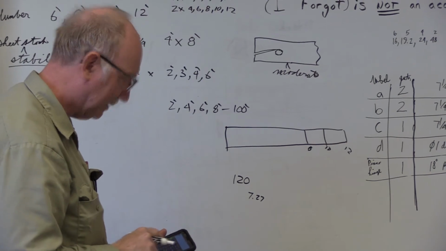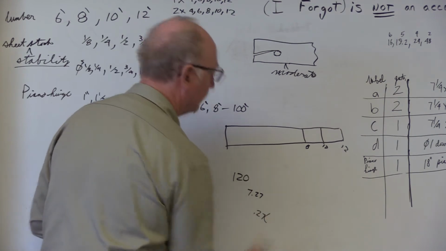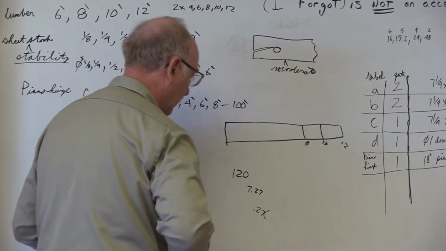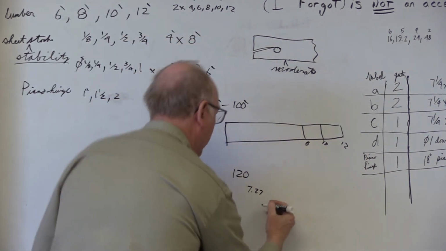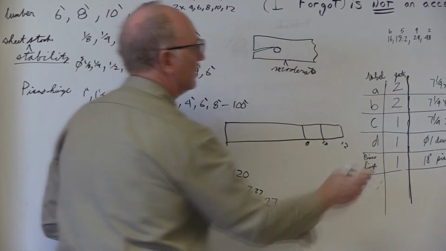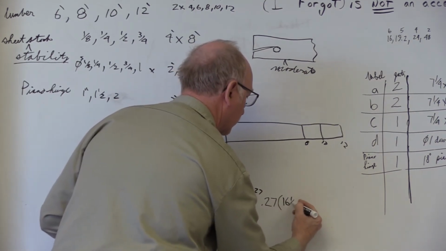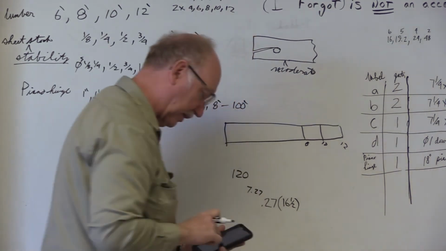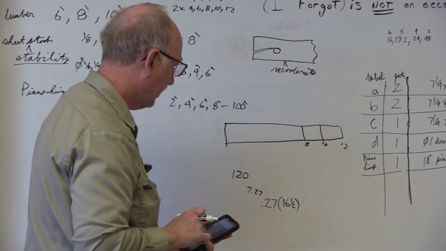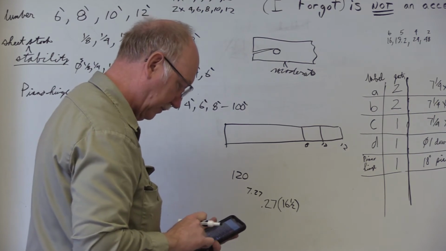So 0.27 repeating, which is fine, times 16.5.